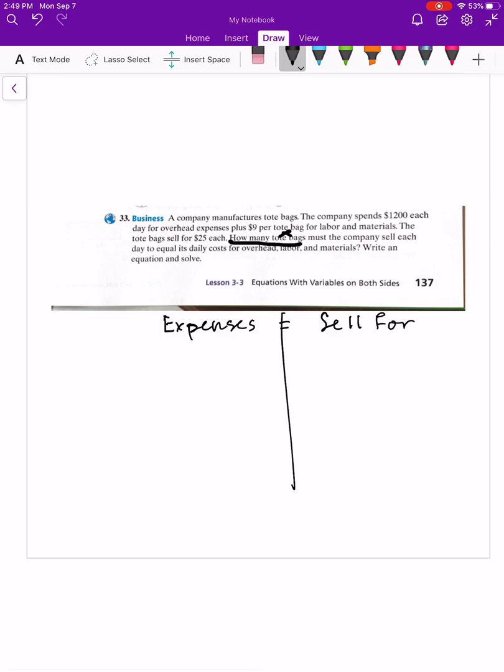First off, the company has $1,200 in expenses, and the bags cost $9 per, which means multiply, tote bag, we don't know, so that's our X. $9 per tote bag to make. So expenses, they pay $1,200 for electricity and those kinds of things and wages, and it costs $9 to make a tote bag. They plan on selling the tote bag for $25 each. And again, X would be for tote bags because we don't know how many they're going to sell.